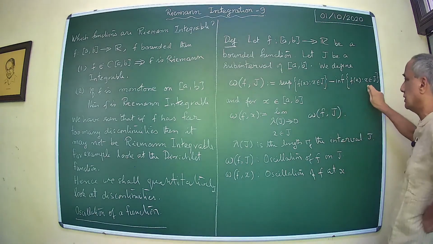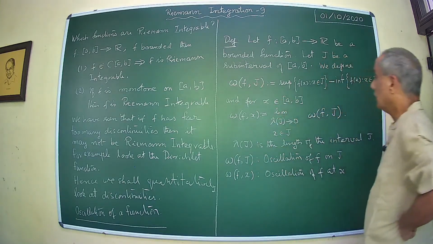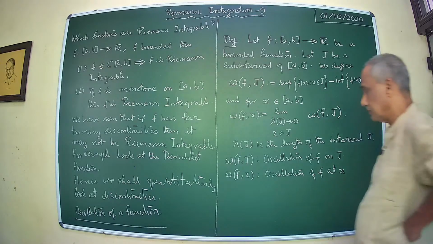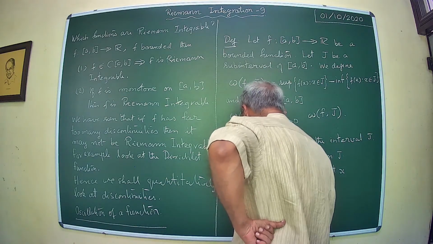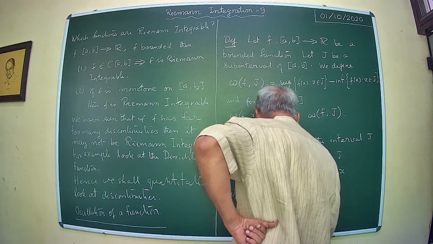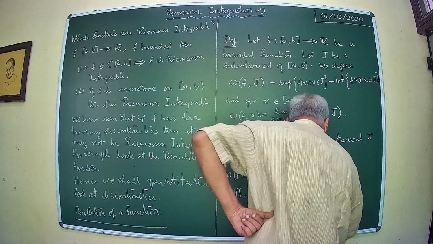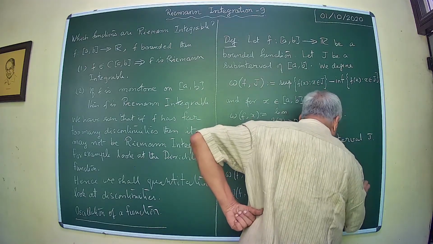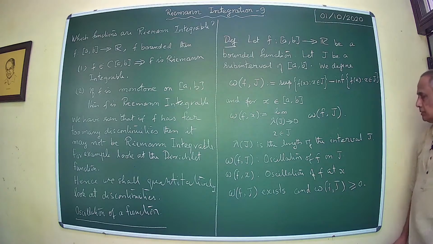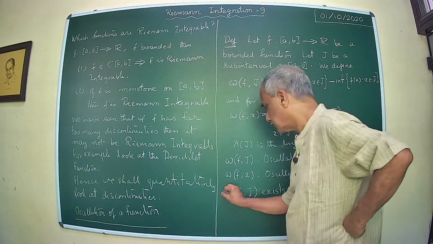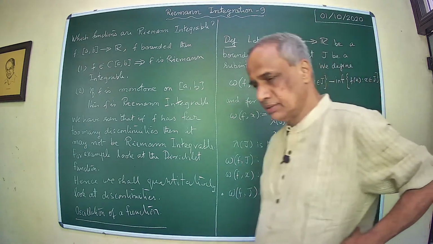Both these numbers are sensible and their difference is defined as omega f of J. Therefore, omega f of J exists, and is certainly greater than or equal to 0. That is trivial to argue.